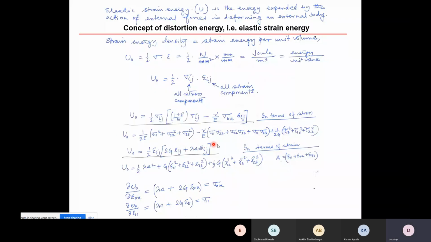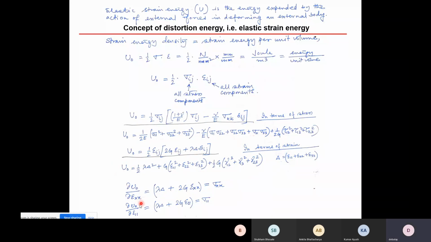If you can see my PowerPoint pointer, U is represented completely in the form of stress component terms. On the other hand, below, U is written completely in the form of strain component terms, epsilon and gamma.